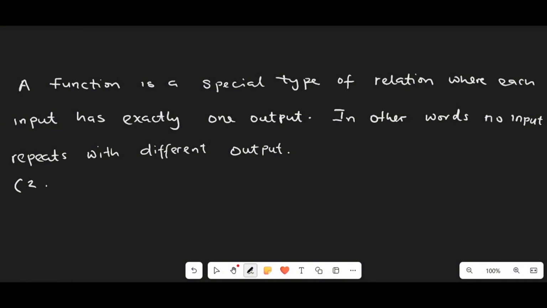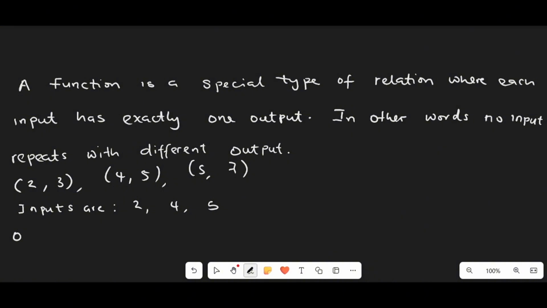We have (2, 3), (4, 5), (5, 7). In this example, our inputs are 2, 4 and 5.